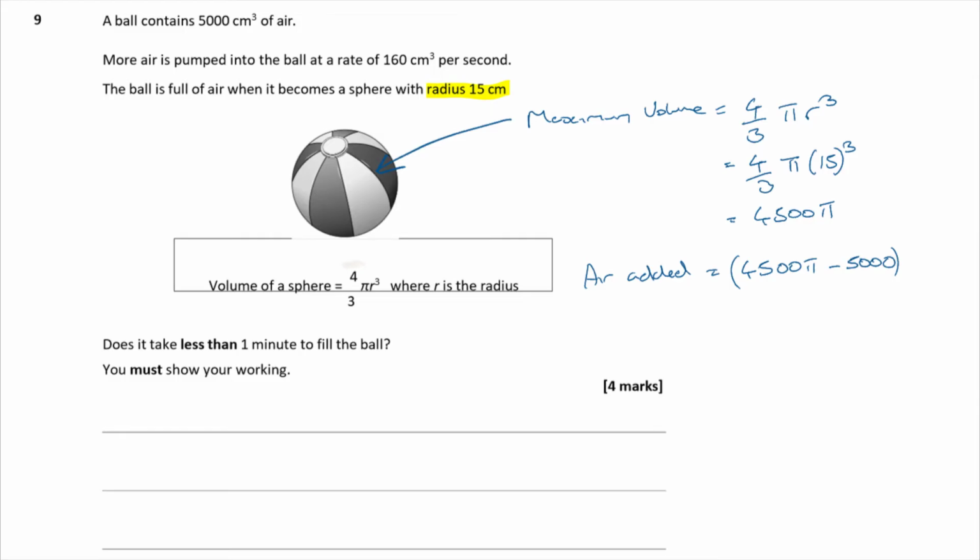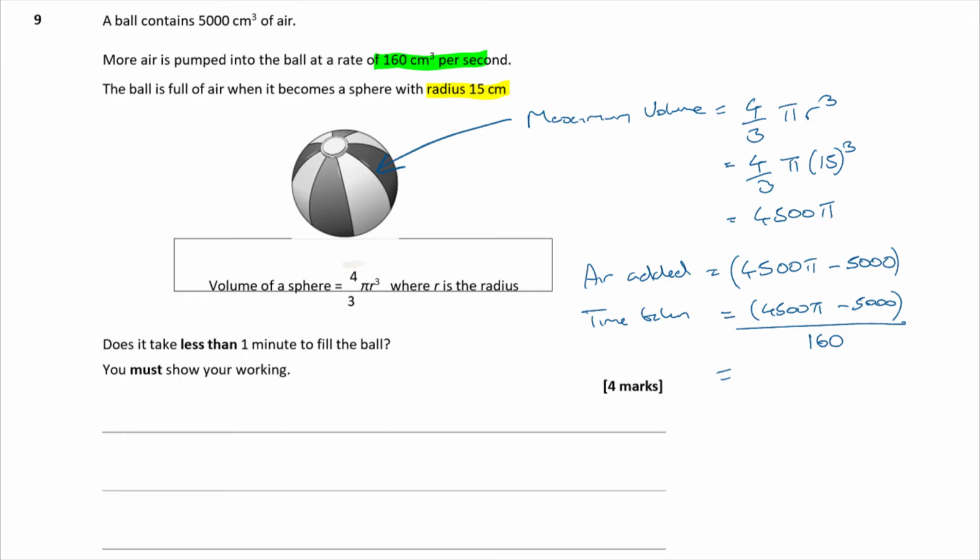And then what's next? I know that air was going in at 160 cubic centimeters per second. So time taken then, is going to be that 4,500 pi minus 5,000 over 160 then, isn't it?